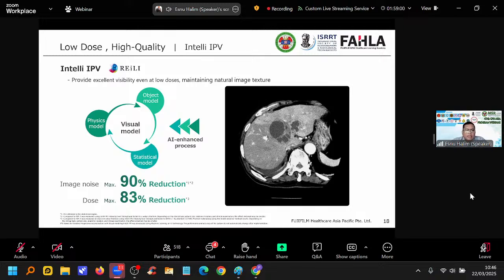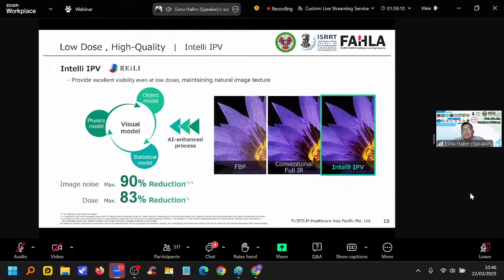So you can see here image noise is being reduced by 90%, and the other measure is reduced by almost 83%. So this is what we can do. And this is how it is represented on a normal painting. With the older method, if you apply so much iterative reconstruction, the image looks more flat, blotchy, and like a painting, a very small painting.